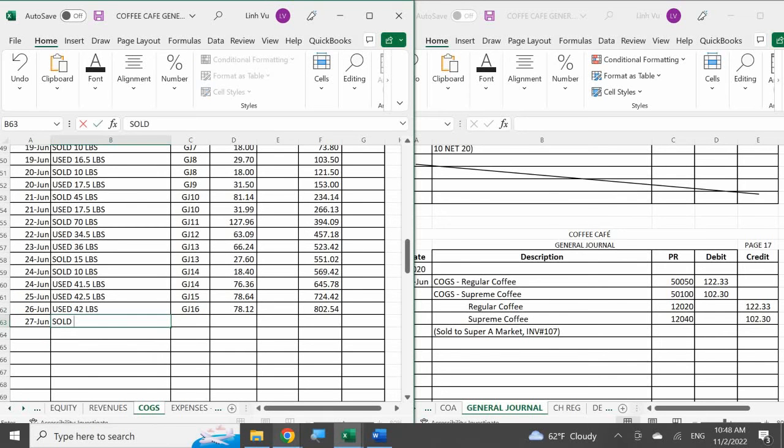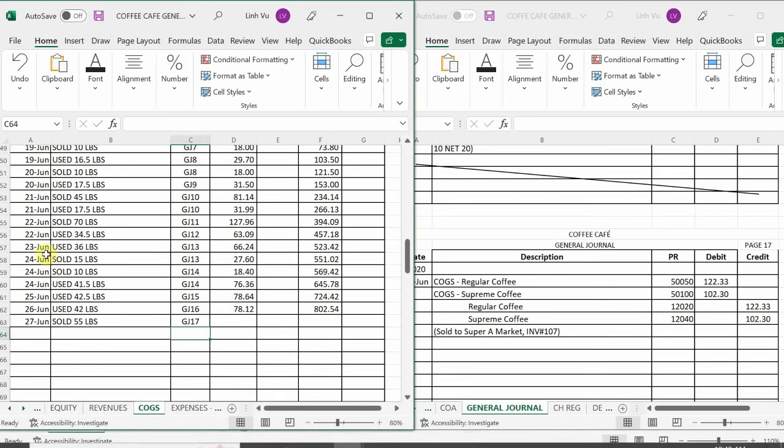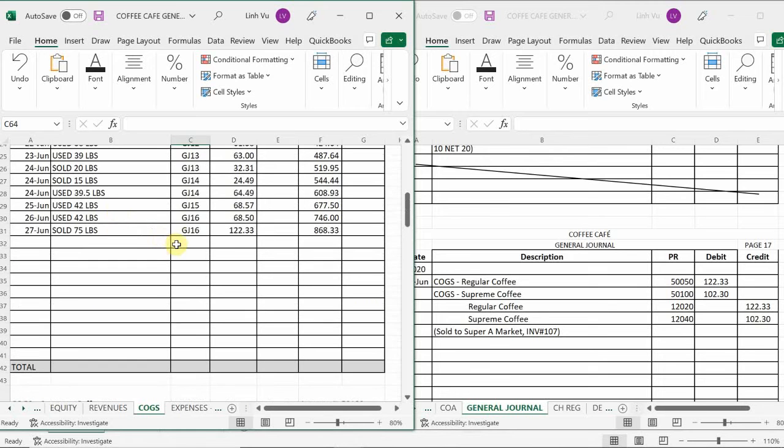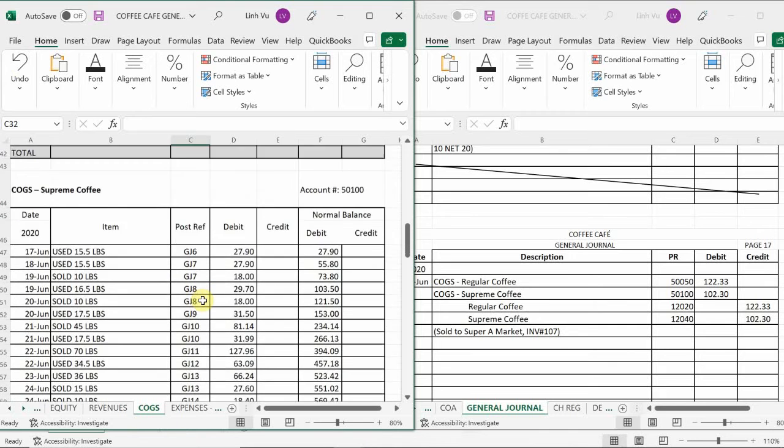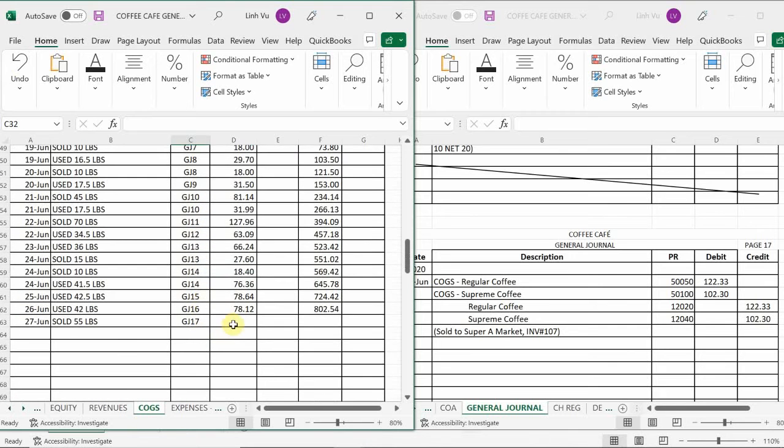We sold 55 pounds of the Supreme coffee. We're on the new general journal now. Okay. We just 102.30.